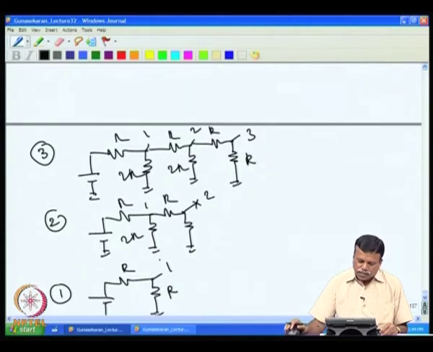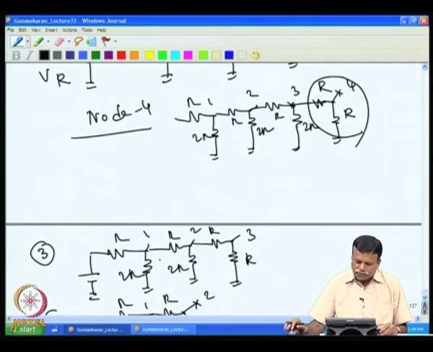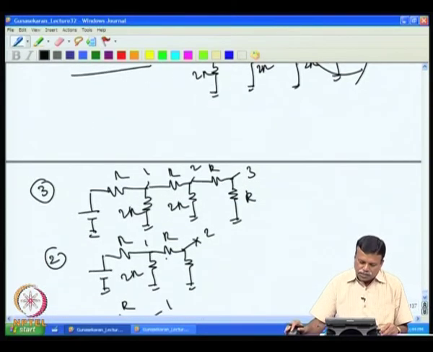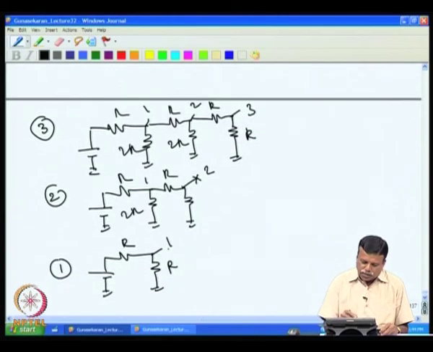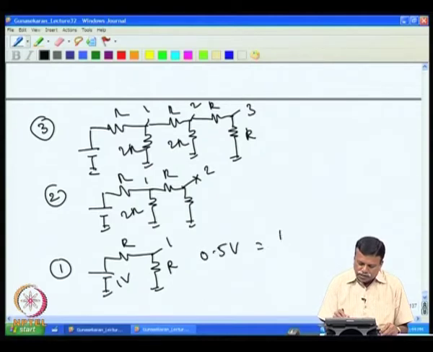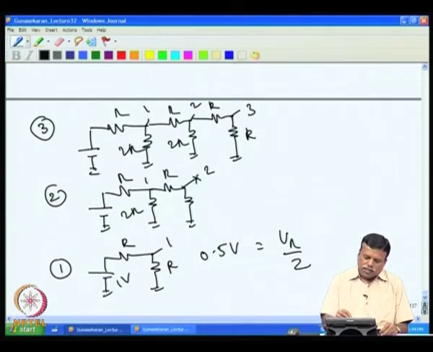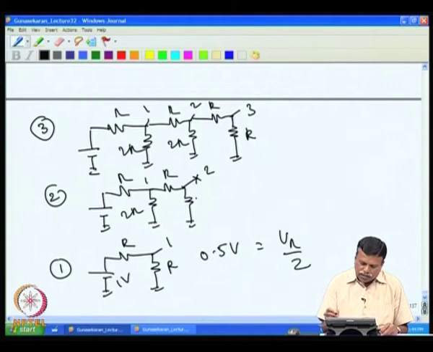So, if I look at the circuit from node 4, then if I look at the voltage at each node, the voltage at node 1 will be 0.5 volt, that is V reference by 2. If I look at node 2, then this voltage is actually 0.5 and 0.5 again divided by a factor of 2.